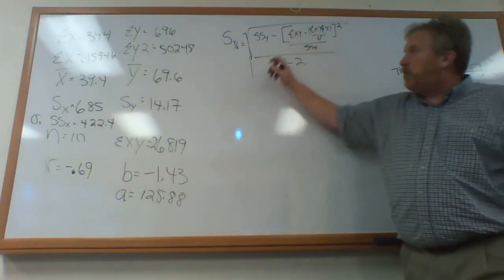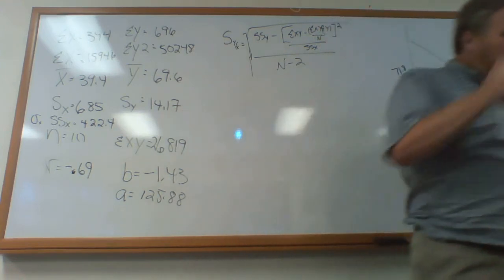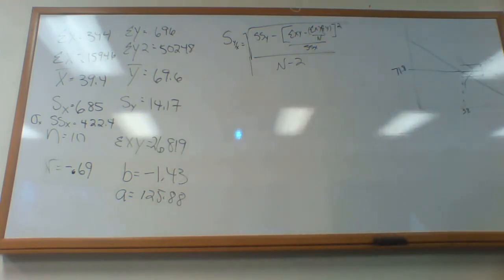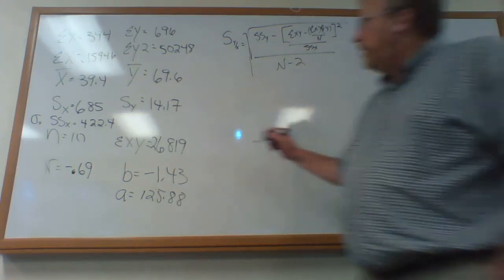The only thing we don't have is the sum of squares y, but we would just come in here. I've still got everything on my calculator. I haven't turned it off. So I would just go over to the sigma y, square it, times 10, and I would say 1806.4.